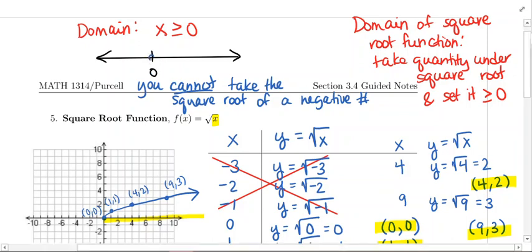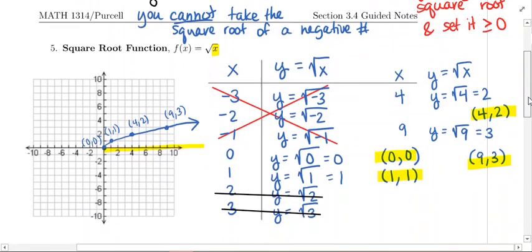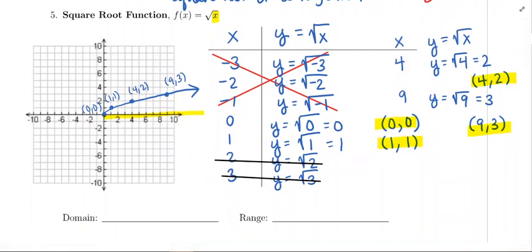We can plug in 0 itself or anything bigger. So if you wrote this in interval notation, we're going to start at 0. We're going to go off to positive infinity. And since we can actually plug in 0, we want to include that point. So for this particular graph, the domain is going to be from 0 to infinity.